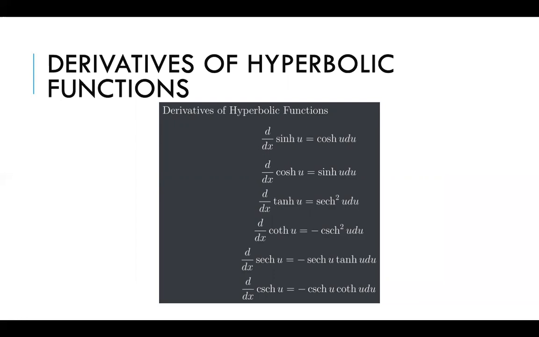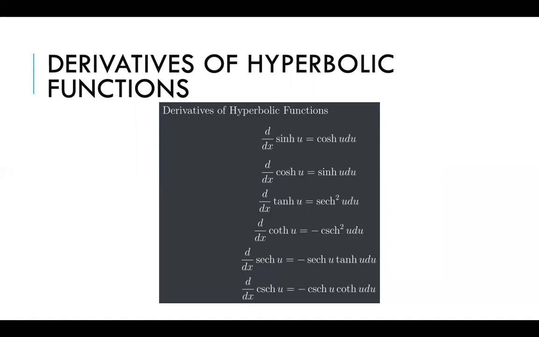As you can see, this is different from the trigonometric one. The trigonometric cosine, when differentiated, gives us a negative sign. But here, the derivative of hyperbolic cosine has the same sign as the one differentiated. So, positive, positive.